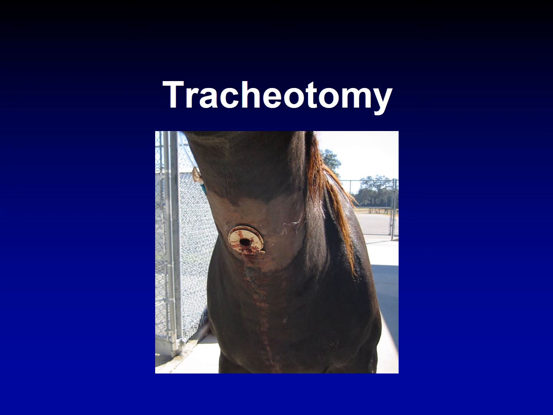Now, if it's an emergency procedure that needs to be done and the horse will recover from it and things like that, then that's a tracheotomy, like this one. So tracheotomy is an emergency procedure. Tracheostomy is done with a progressive disease, a tumor or a lesion that's preventing or will prevent the horse from breathing normally for a long period of time, or even sometimes all their lives. They're going to stay with this tracheotome or with this lesion, like shown in this picture.